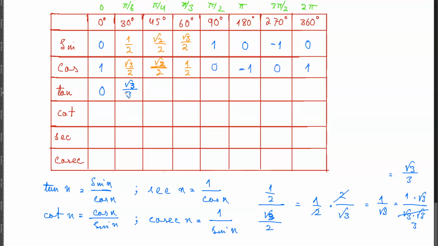Now the next thing that we have is tan of 45 degrees, for example. Tan of 45 degrees is the same thing as square root of 2 over 2 divided by square root of 2 over 2, which is equal to 1.